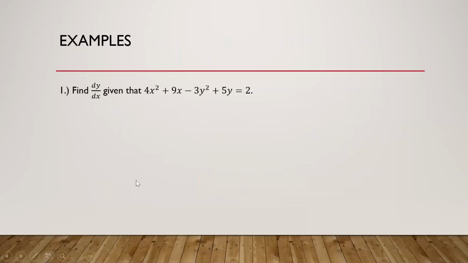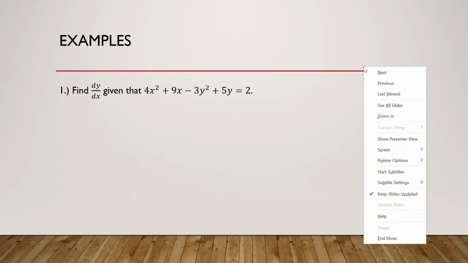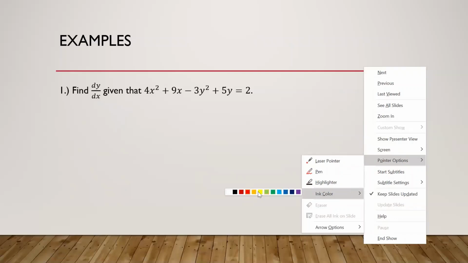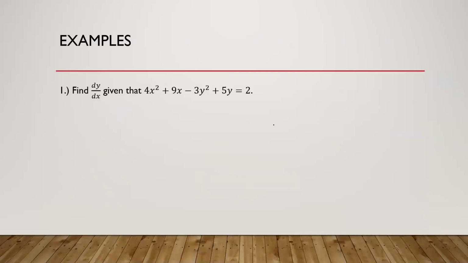Okay, so here are the examples. So we're going to find dy over dx given that 4x squared plus 9x minus 3y squared plus 5y equals 2. So what we are going to do is find dy over dx.